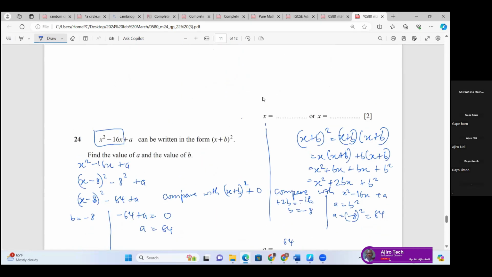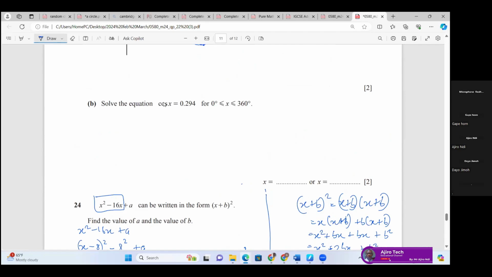So let us see how we can solve this one. So just say that x must be cos inverse of 0.294. You find that in your calculator, shift cos 0.294. I'm going to get 72.9 degrees, okay? But they want 2 answers.